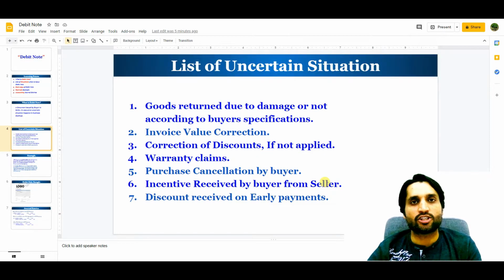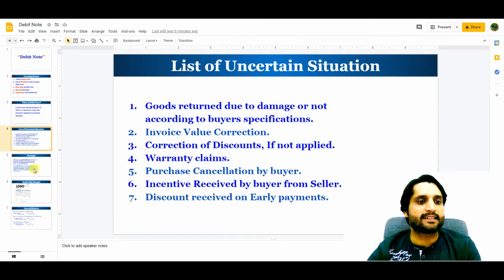So the seller issues a credit note to the buyer and the buyer issues a debit note to the seller to record this transaction. Then, discount received on early payments. Sometimes when the buyer pays early, he gets a discount on those early payments. So in this situation also a debit note is issued to the seller.